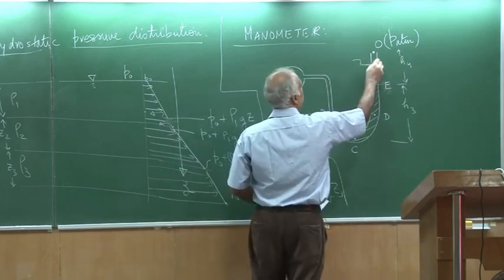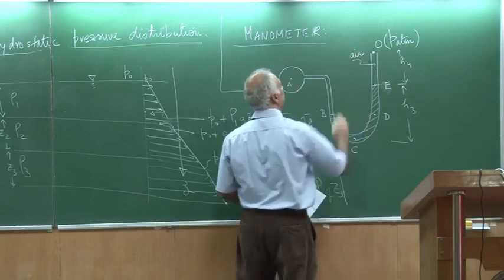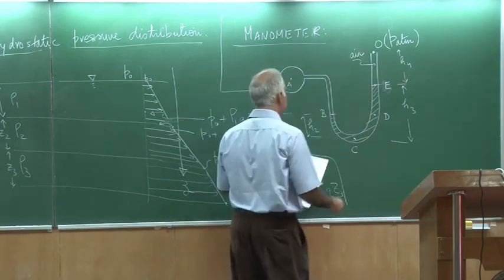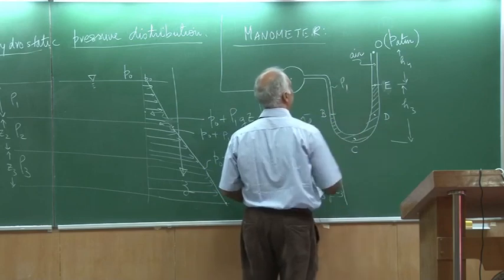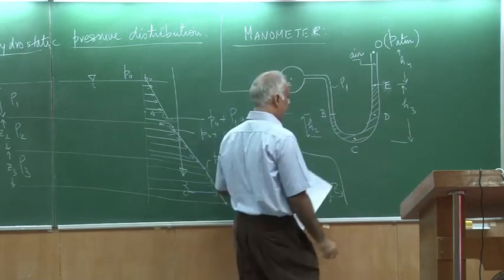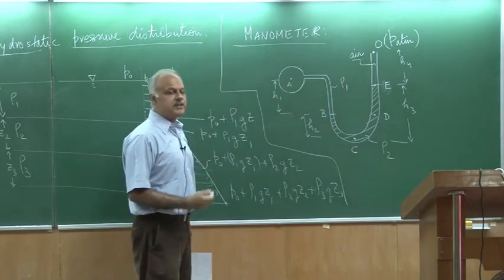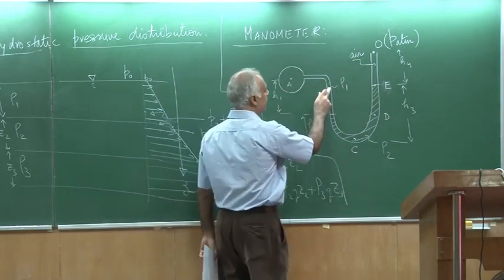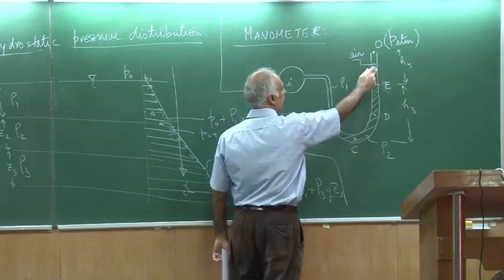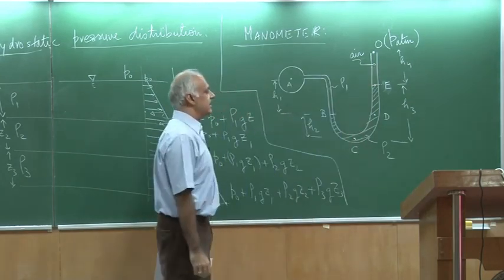Let me say this is air, this is a certain fluid of density rho 1, and this is a certain fluid of density rho 2. So, in principle I could have 3 fluids, of density rho 1, rho 2 and then air. So, this is quite general.